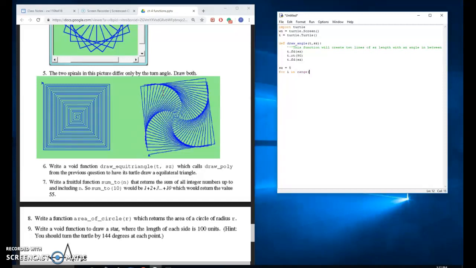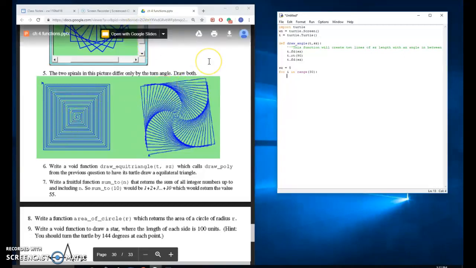And for the range, I can do like 30 loops, or 30 right angles for this. Plus 5. Let's make it 10.